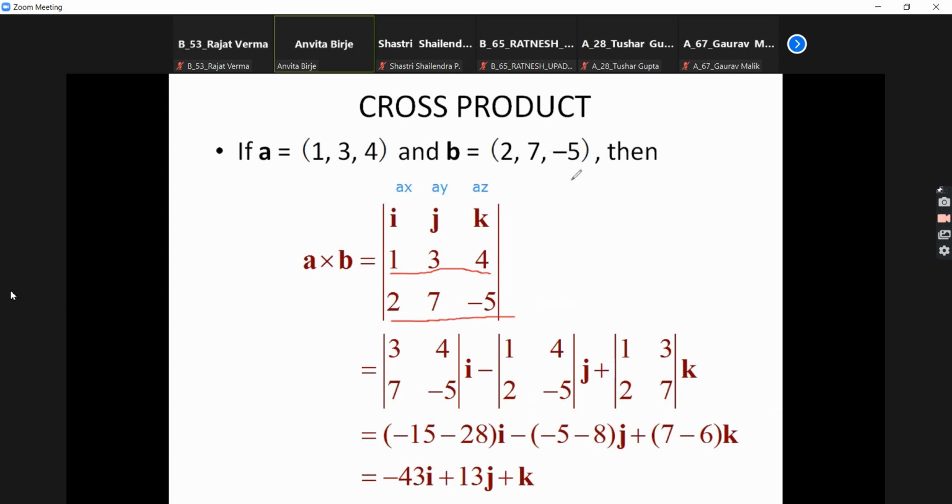Okay, now let me tell you what to do. The result is going to be a vector. When you consider the first column, these 4 numbers will be in use, and their multiplication will be taken.